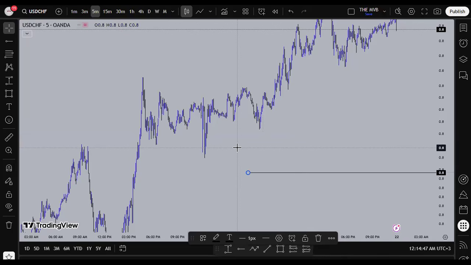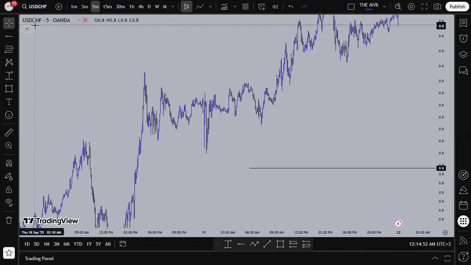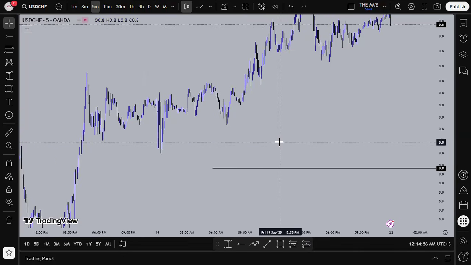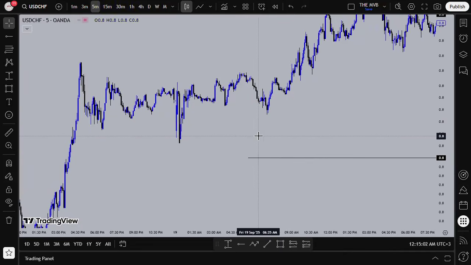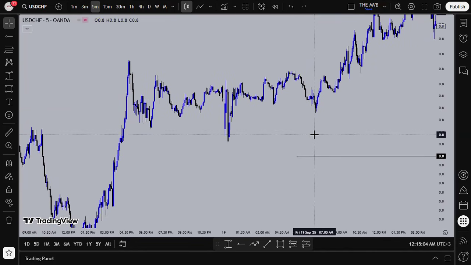All right, now I'm in the USD CHF chart. I'm going to try to show you some examples on how to verify a real break of structure.